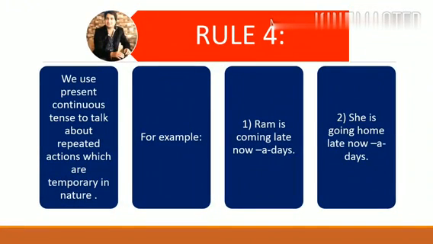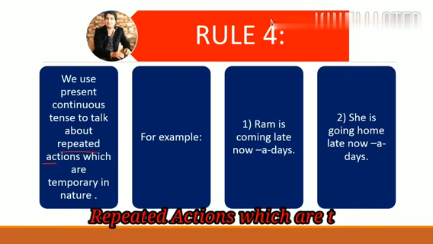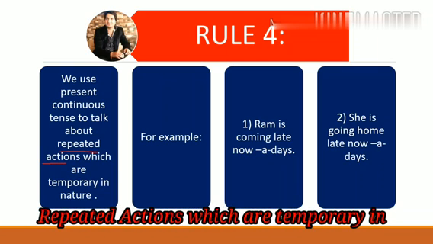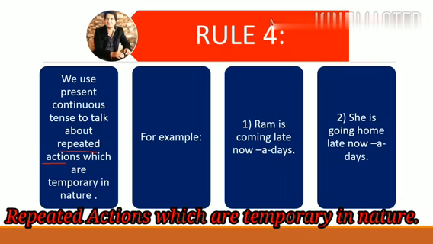Now students, let us see rule number 4. In rule 4, we use present continuous tense to talk about repeated actions. When there is a repeated action, it becomes a habitual fact also. You need to remember here, the repeated action should be temporary in nature, not permanent in nature. That means when there are temporary actions, you can make use of present continuous.